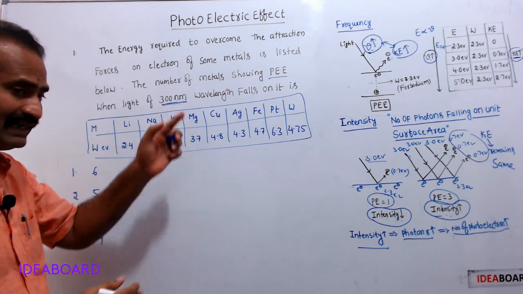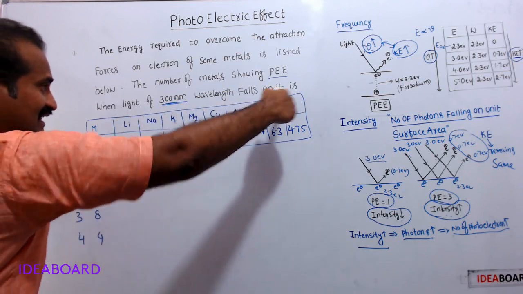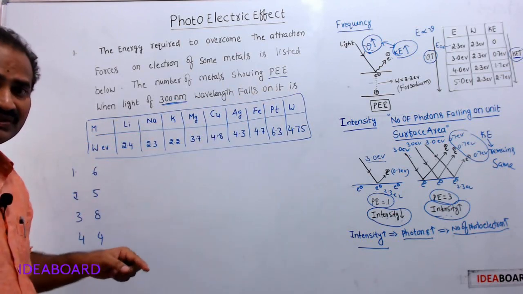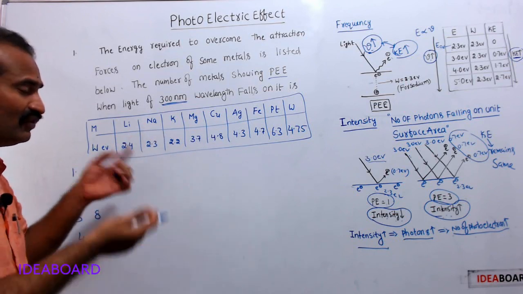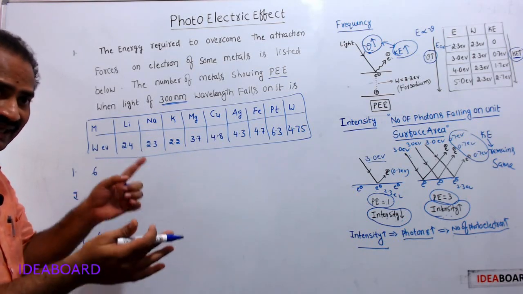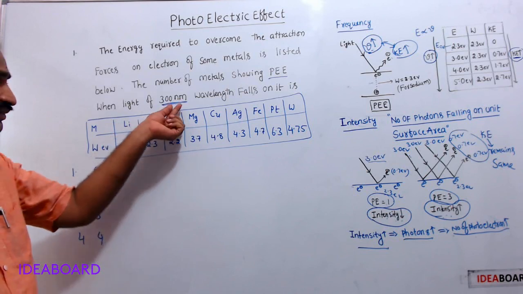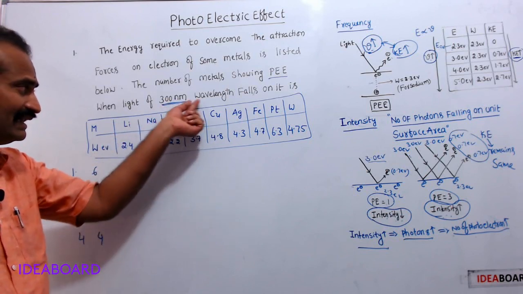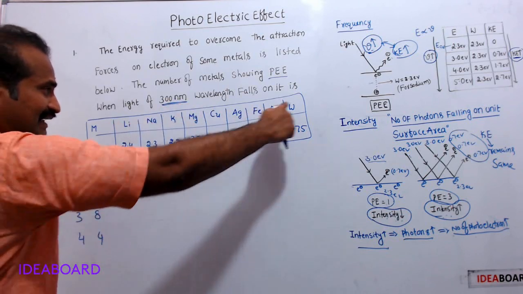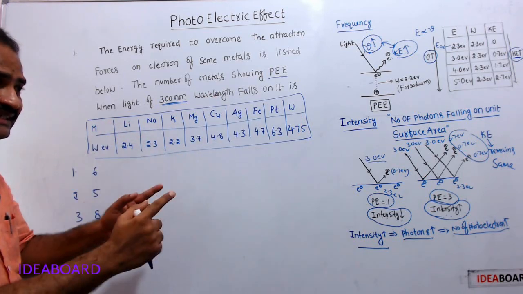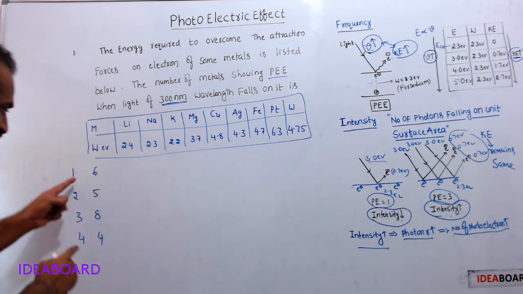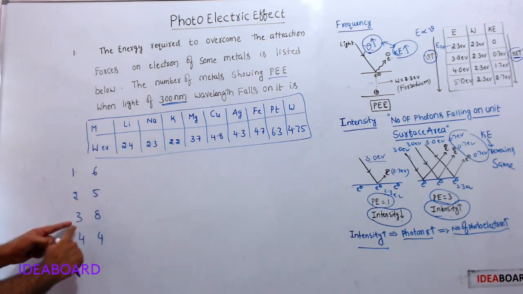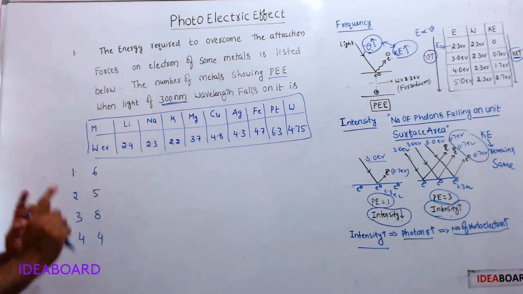Light whose wavelength is 300 nanometer falls on these metal surfaces. In how many metals does the photoelectric effect take place? We need to find out. First option 6, second option 5, third option 8, fourth option 4.